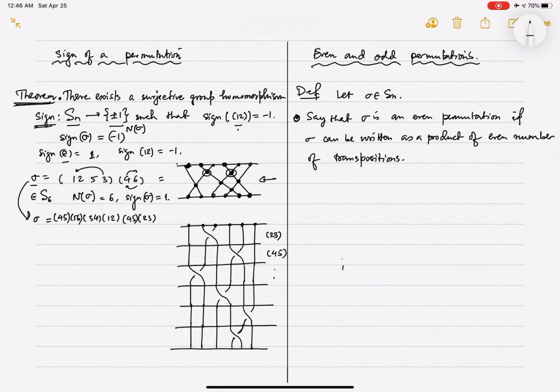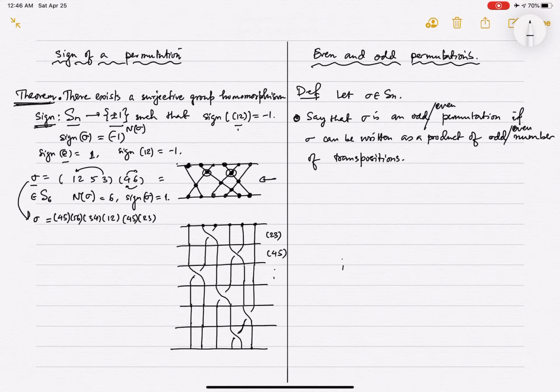You say that sigma is an even permutation if sigma can be written as a product of an even number of transpositions. And I'll say that sigma is an odd permutation if sigma can be written as a product of an odd number of transpositions. So odd or even if you can write it as an odd number or even number of transpositions.